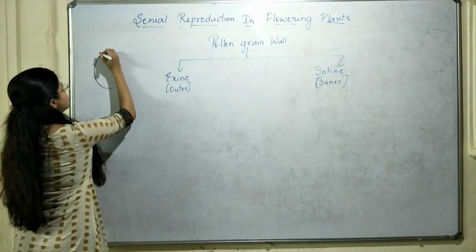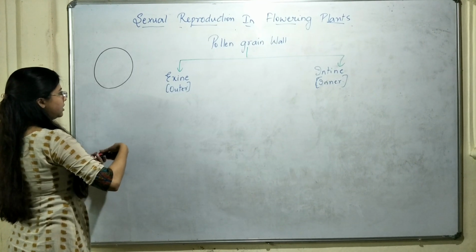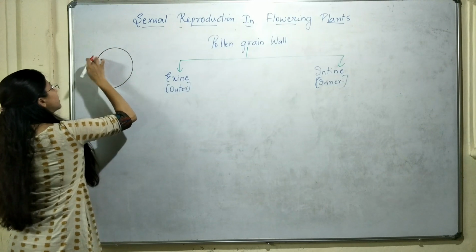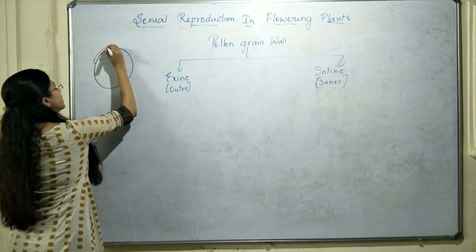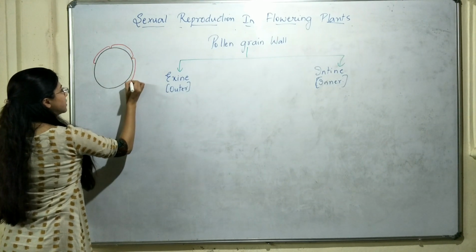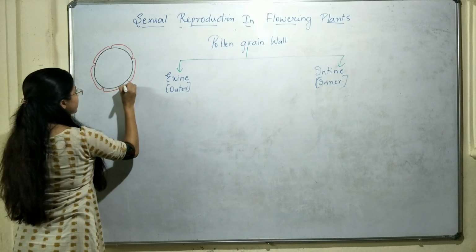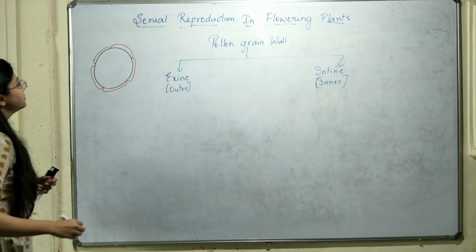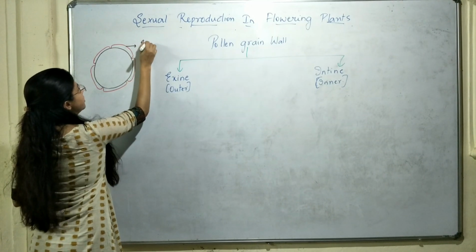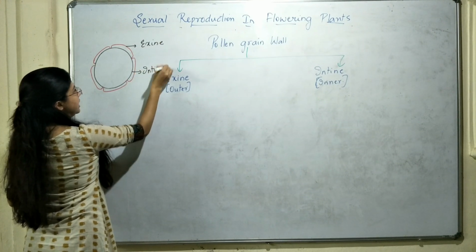If you consider this to be the pollen grain, this outer layer is exine and this inner layer is intine.